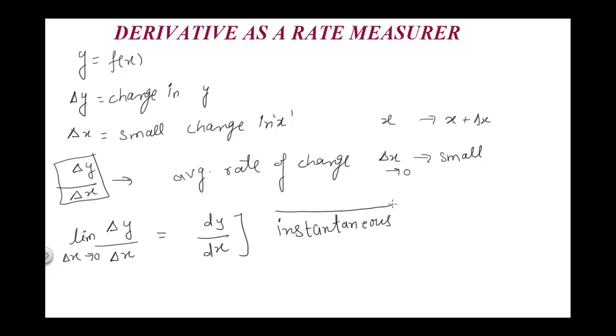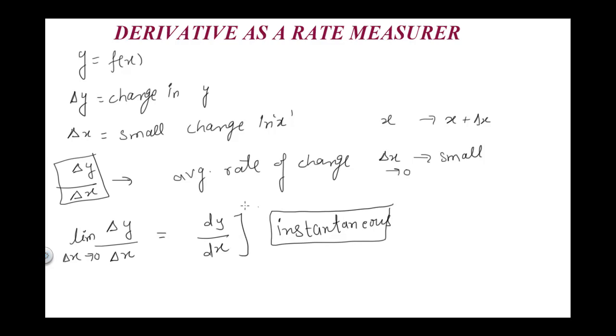Often we drop this word instantaneous, so throughout this chapter, the term dy by dx will represent rate of change, which is actually instantaneous rate of change.